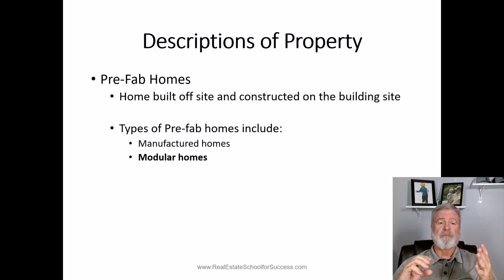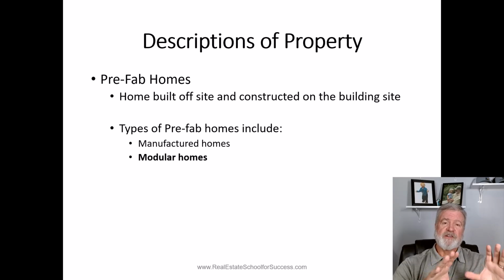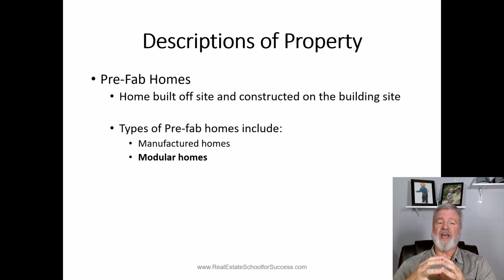They basically built or constructed the major components, the walls, floors, and stuff like that in a warehouse. Then they ship the components out to wherever the house is going to be located. Then they just put the pieces together. It's prefabricated. So it's not like you're building the house one board at a time. You're actually getting a wall at a time, and you just put them all together. And that's considered a prefabricated home.